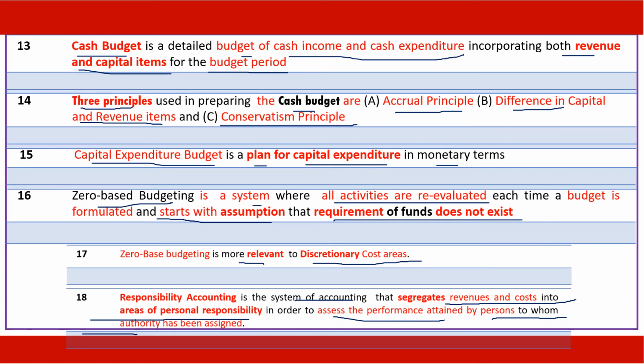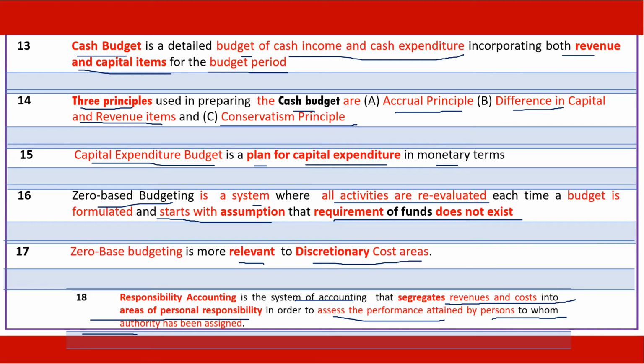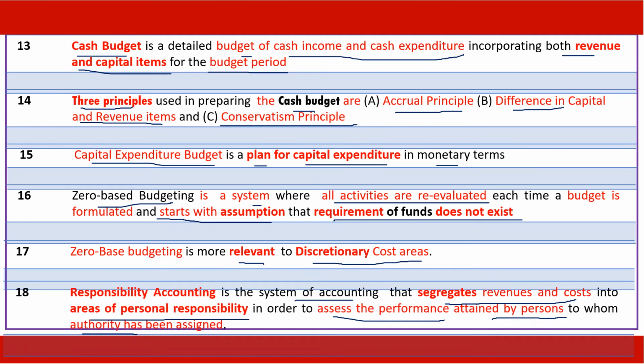Zero-based budget requires re-evaluation every time a demand is made, and it starts with the assumption there is no requirement of funds, and every requirement needs to be subject to evaluation. Zero-based budgeting is relevant to discretionary cost areas like research and development. Responsibility accounting segregates revenues and costs based on personal responsibility, which follows the person who was entrusted with the authority.